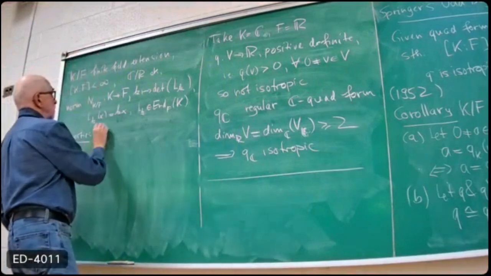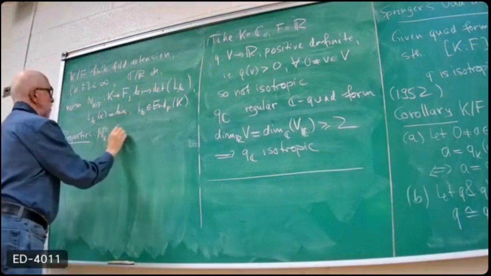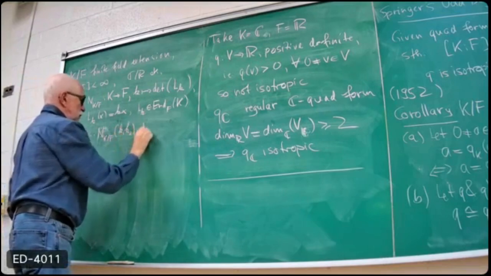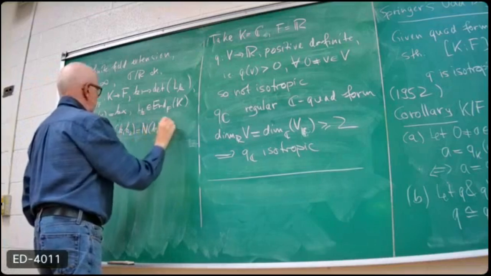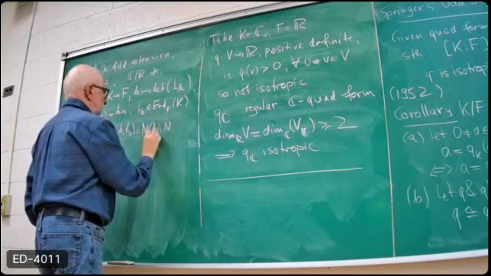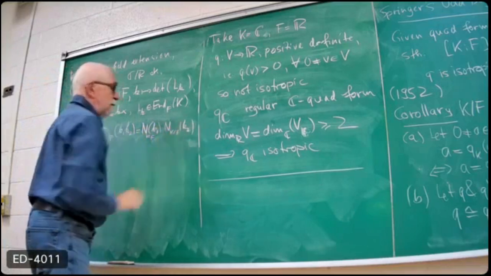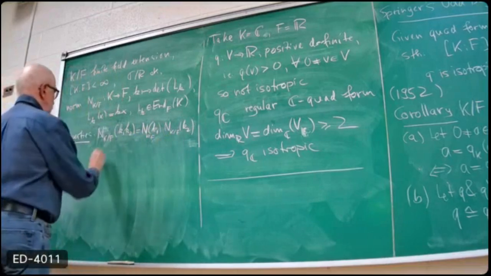So the norm of the product of two elements is the product of the norms, because the determinant of the product is the product of the determinants. Okay.